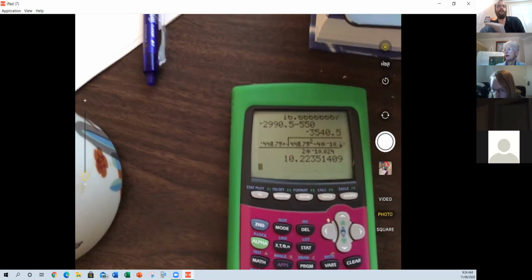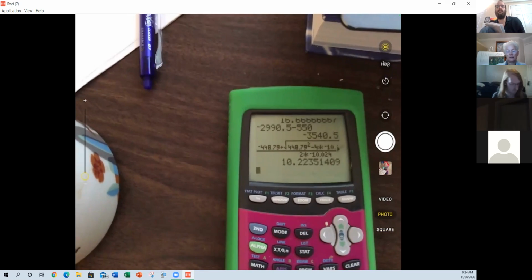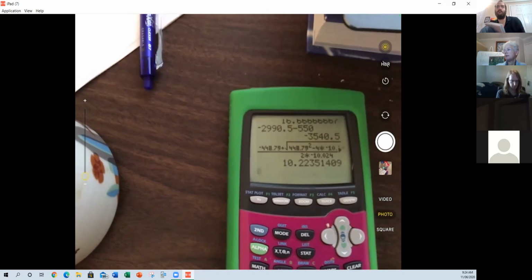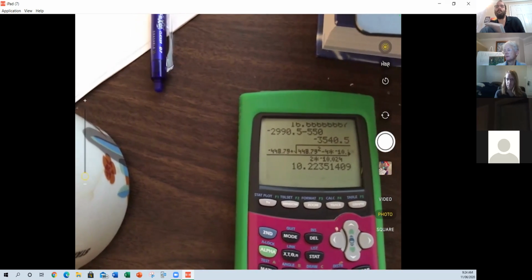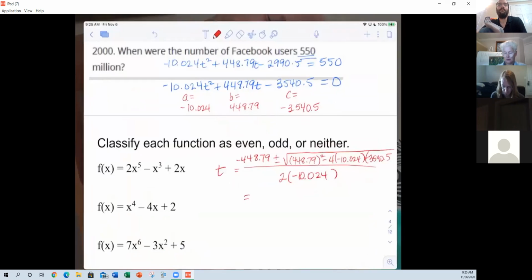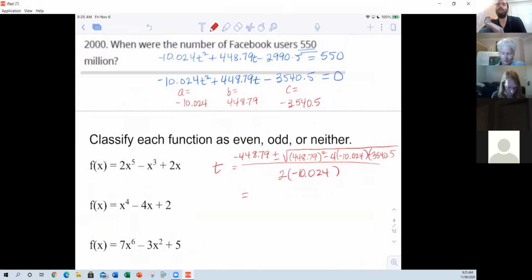So I put it all in one step, and it came out to be 10.22. Just be careful with that. And what is that 10.22? What's the unit of measure there? What is T?